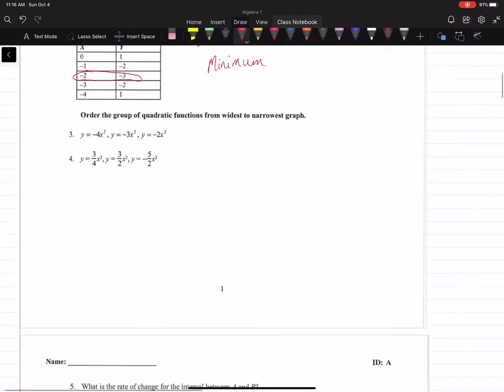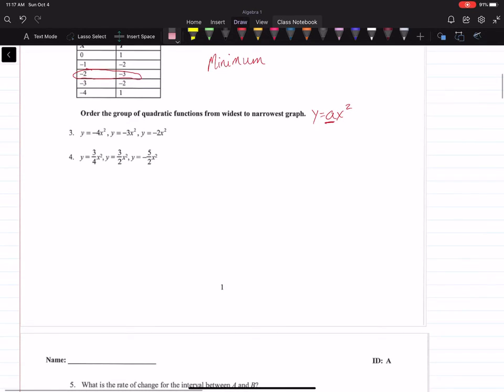Number 3 and 4, order them from widest to narrowest graph. Basically, and again, all of these are written in y equals ax squared form, the bigger your a is, or the bigger it is compared to 1, the narrower it is. So we're going from widest to narrowest, which means we're looking for the smallest a to the biggest a.